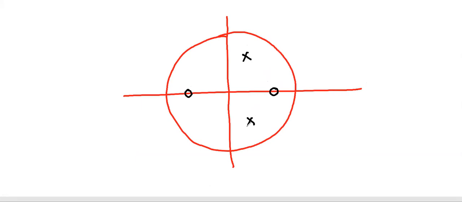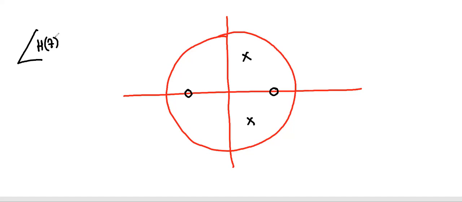Now how to calculate the phase of this response or the impulse response. So the phase of H of Z, according to the formula, is the angle.